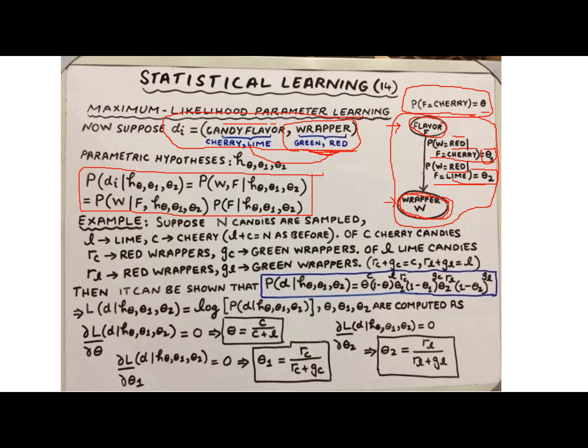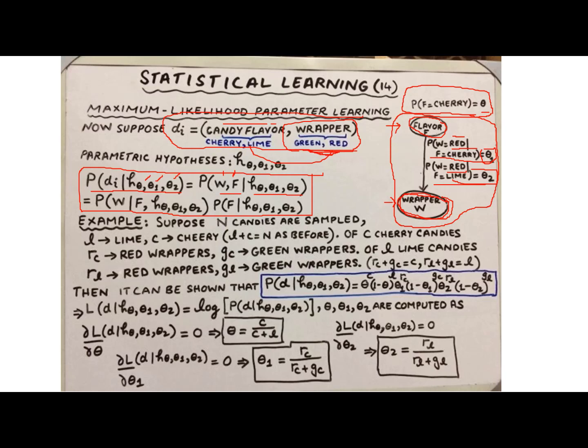So we wish to compute the posterior probabilities. We wish to compute the probability of data given hypothesis. Remember, the hypothesis has been parameterized by three variables, θ, θ1, and θ2, and the data has two components, the wrapper W and the flavor F, given h θ, θ1, θ2.